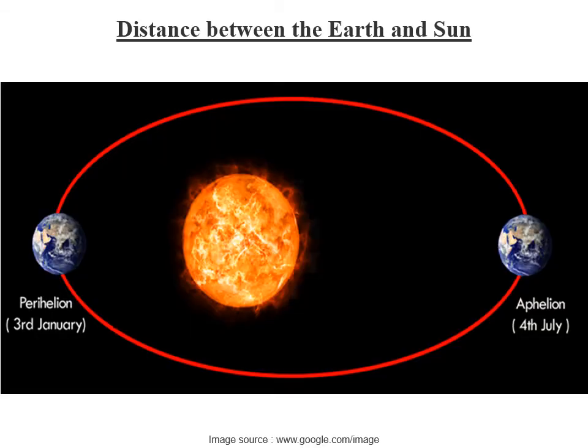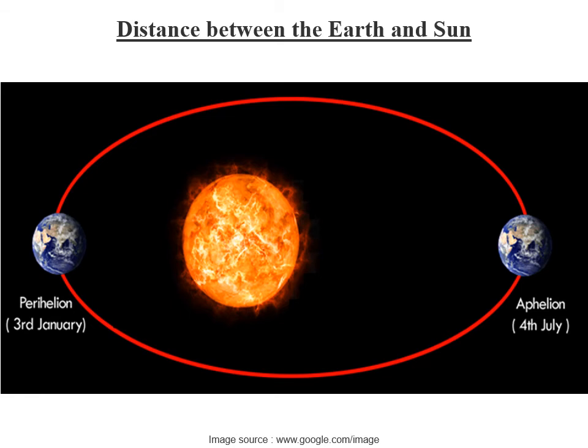The next point for which the insolation energy varies is the distance between Earth and Sun. Now, if we look at the orbital path of Earth around the Sun, we know that Earth orbits around the Sun in an elliptical way.